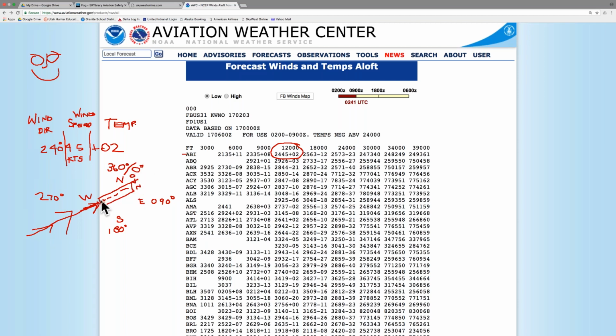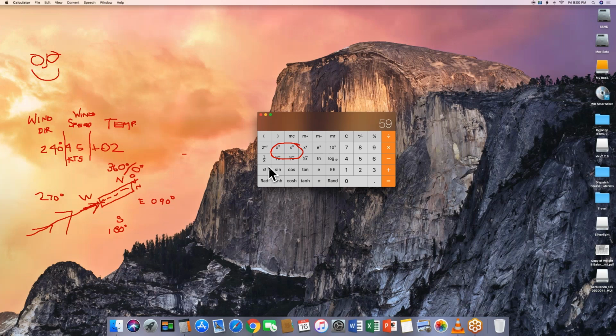So since we're talking about this runway as well, if this side is 240, this side of the runway is always the reciprocal of that number. When we're talking directions, all we need to do to find out what this side of the runway would be, what the reciprocal is, we subtract 180 degrees. That gives us 60 degrees.